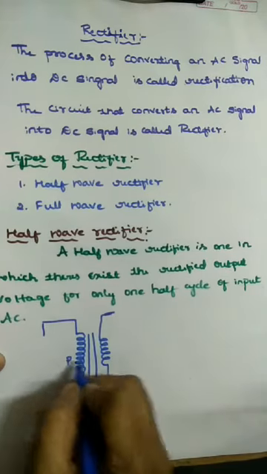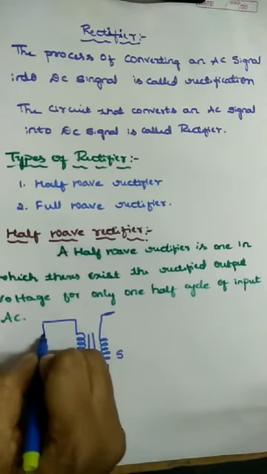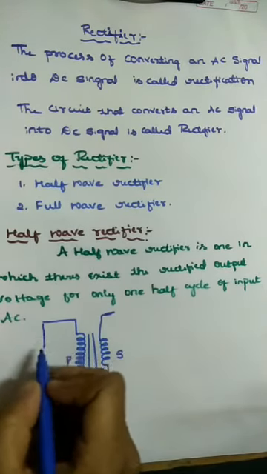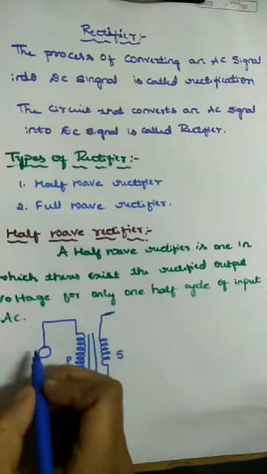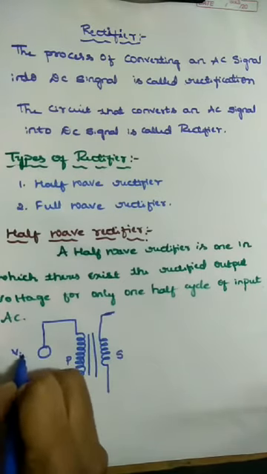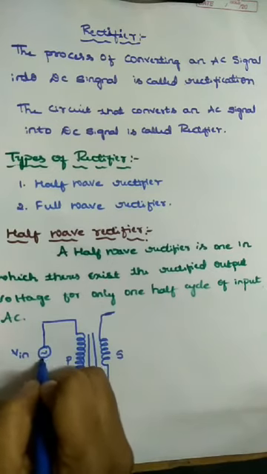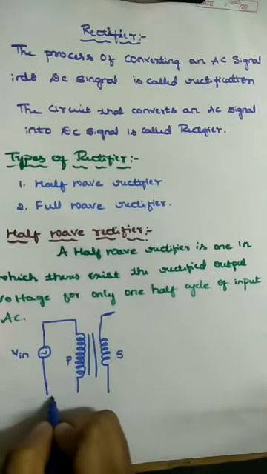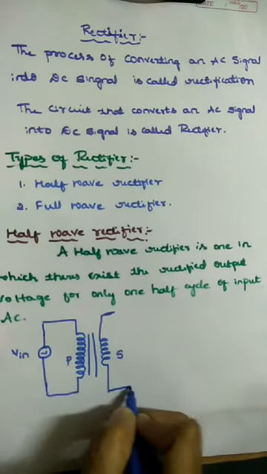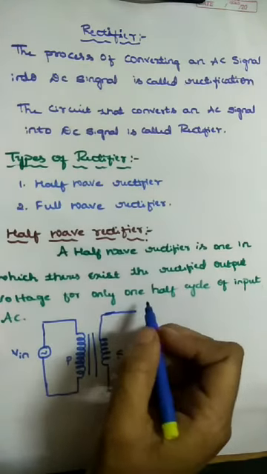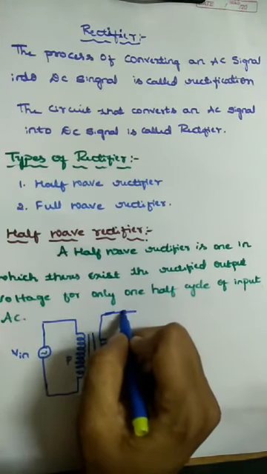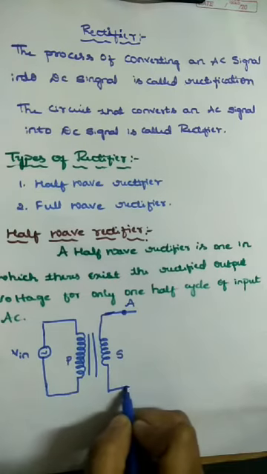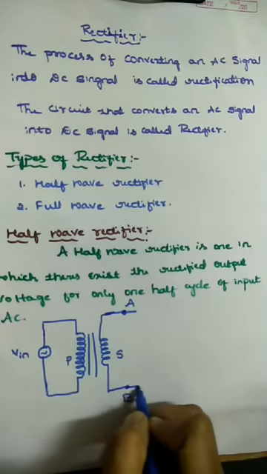This is the primary, this is the secondary, and this is V input, the alternating voltage. On the secondary, this is point A and this is point B.